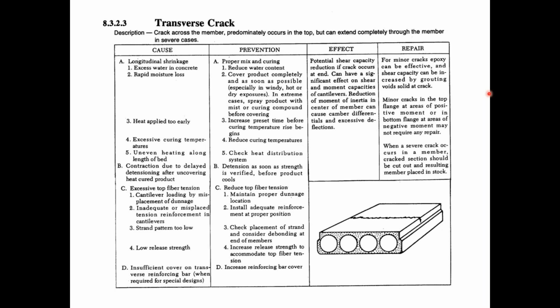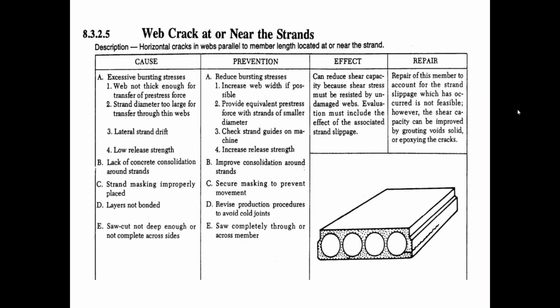And if you don't know what all that means, it means that this particular crack, depending on where it occurs, can be detrimentally significant to the load carrying capacity of the piece. It does give some repair procedures here. So in some cases, these cracks can be filled and patched.